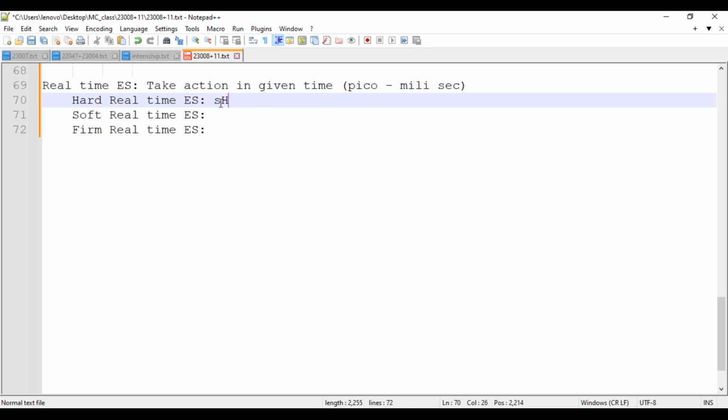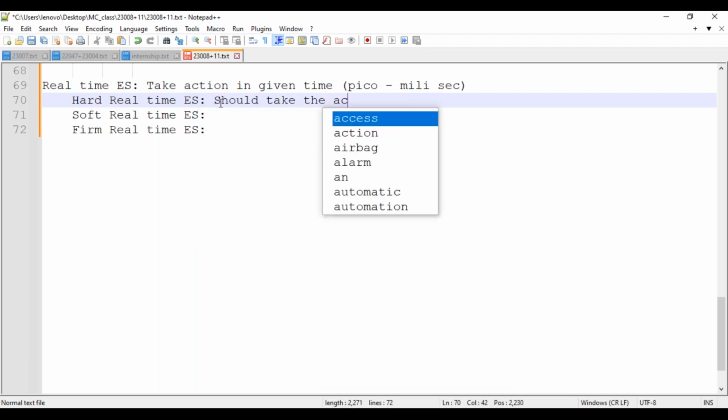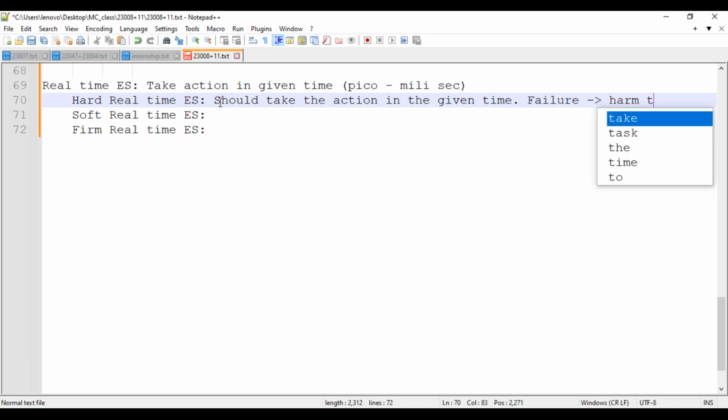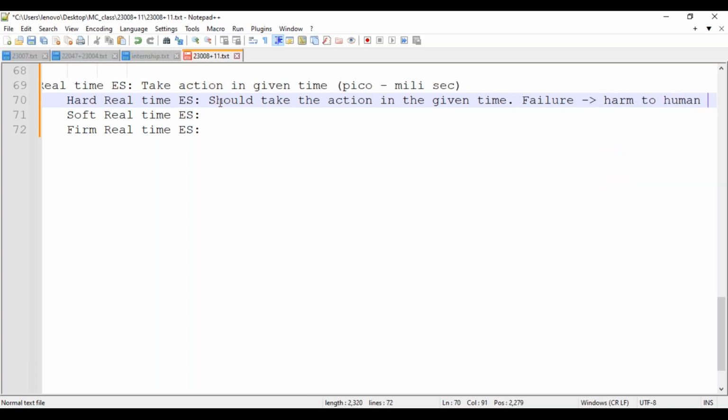If it fails to take the action in the given time, that is going to lead to harm to the human life.